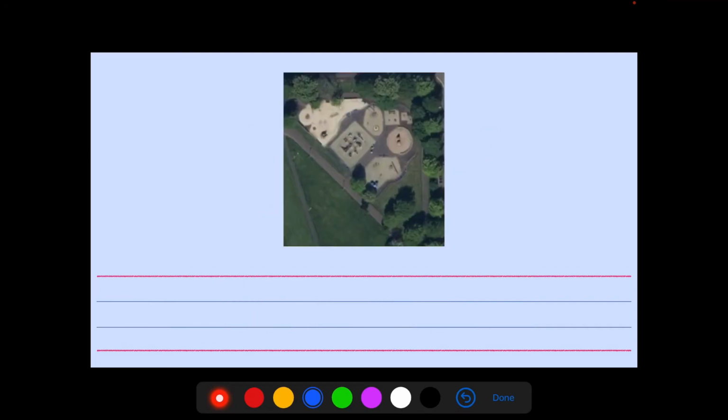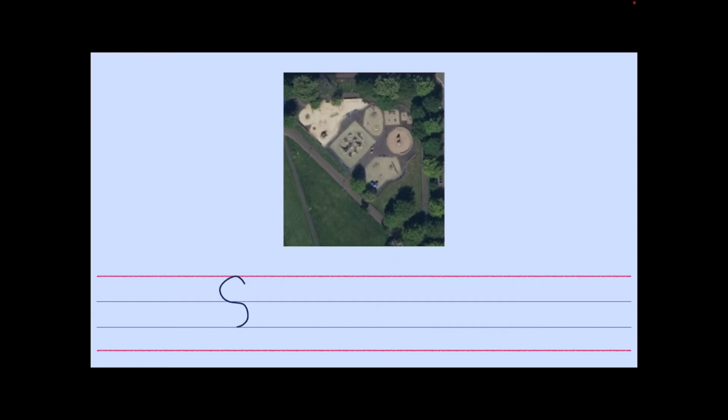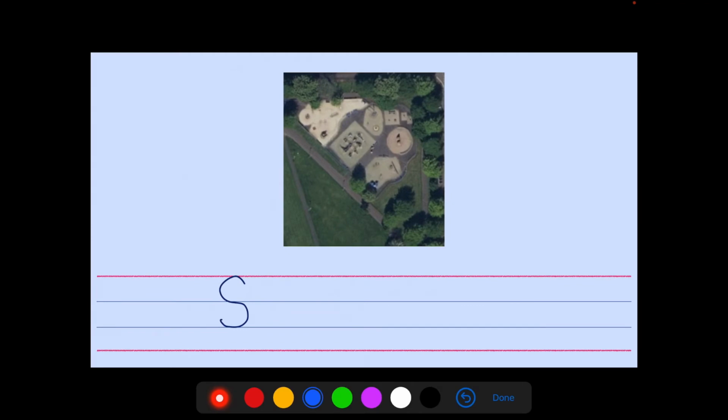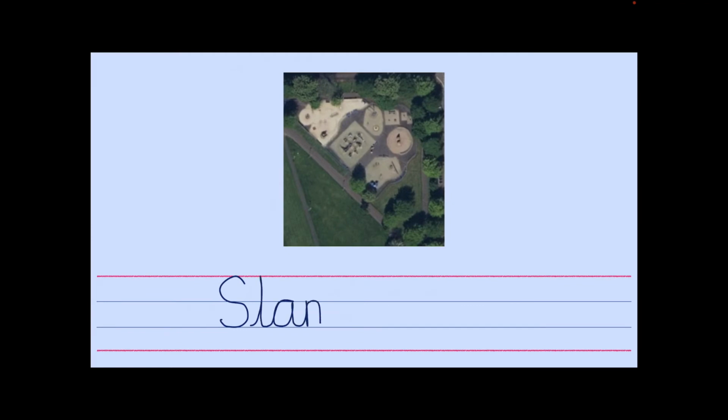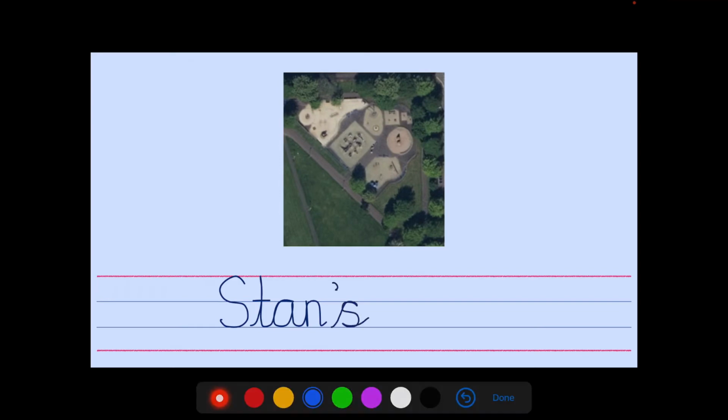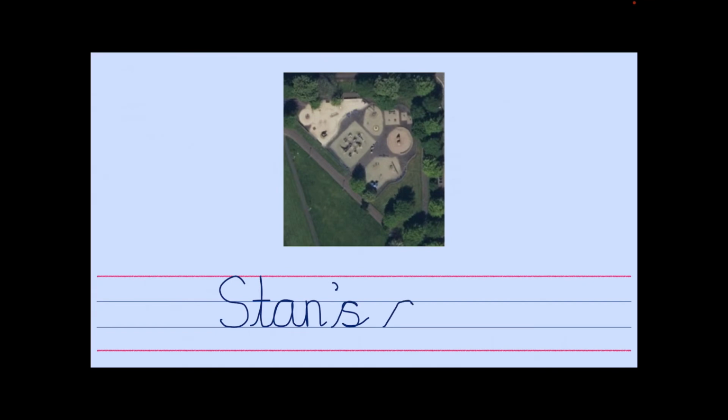Here is Stan's spot. He likes to go to the play park, especially to meet his friends. Stan's spot. Capital S for his name, and then the rest of it before we add apostrophe S. Stan's spot.